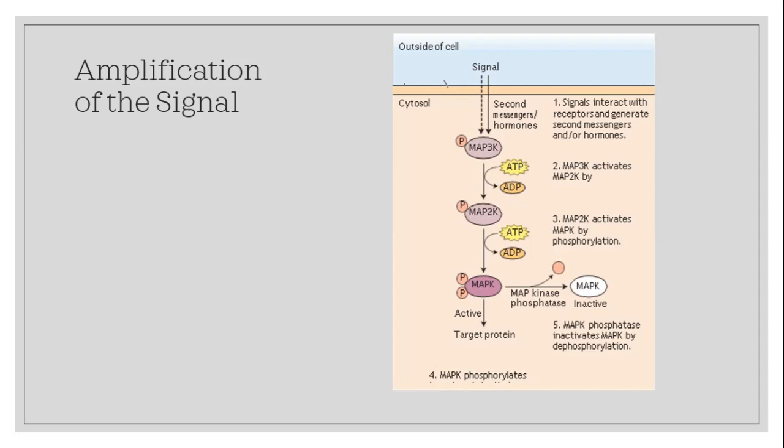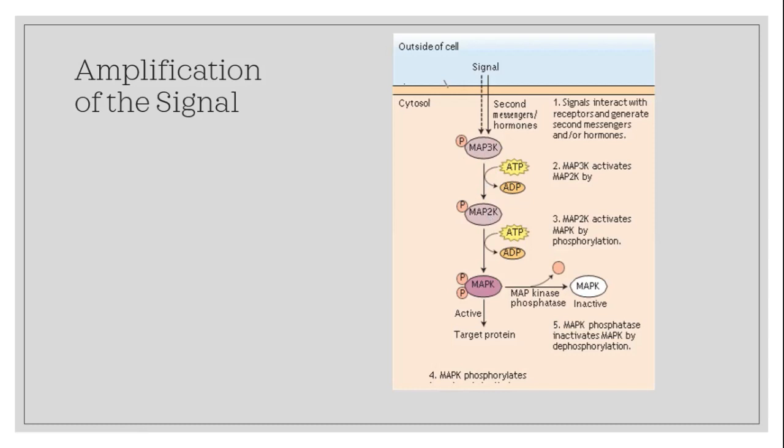This is called signal amplification, because at every phosphorylation step, more molecules are produced. Initially the MAP3K molecules are fewer compared to the MAP2K. So the MAP3K will activate more molecules of MAP2K, and MAP2K will activate more molecules of MAPK.